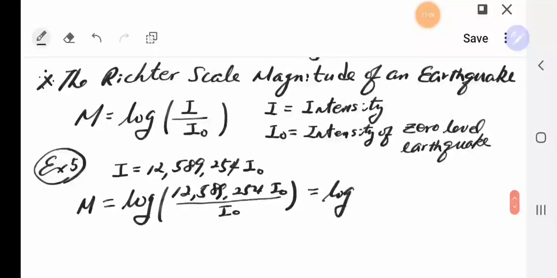So what we have is logarithm of 12,589,254. Okay, this is more than 10 to the 7th power. So we should have 7 point something. So using a calculator, it will give you 7.1.